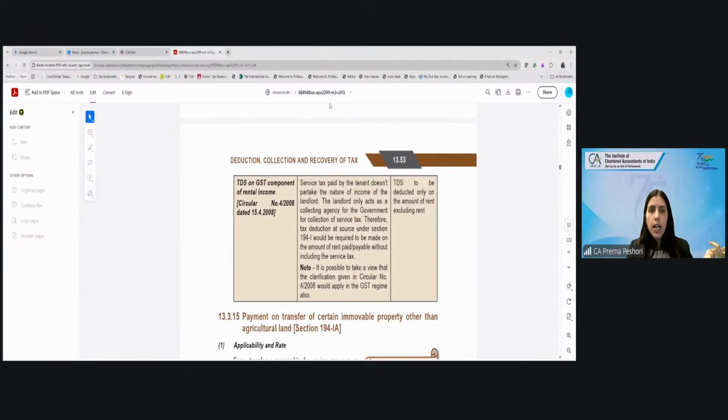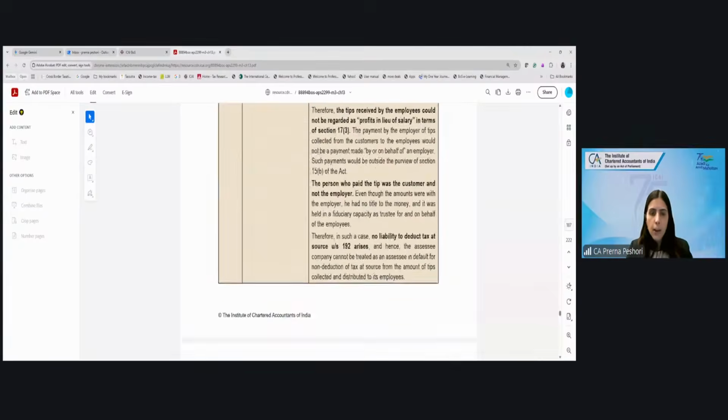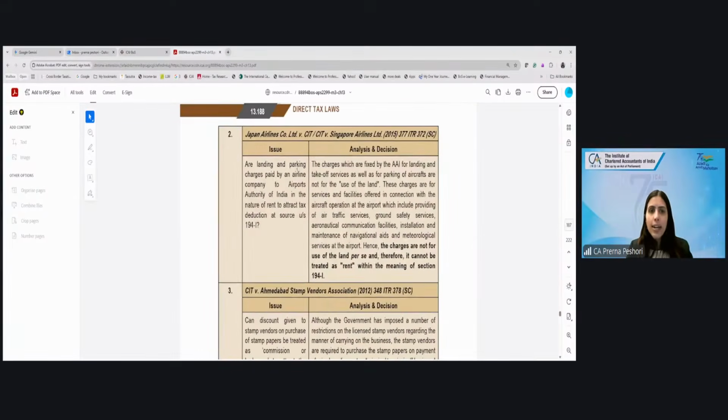Okay. Now, again, in connection with this, there are certain case laws. Let us look at it. Are landing and parking charges paid by the airline company to Airport Authority of India in the nature of rent to attract the TDS under 194I? Same thing. Just like the passenger service fee for the use of facility, they also charge some landing and parking charges.